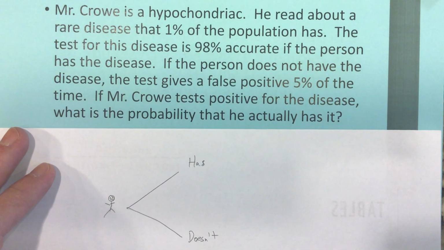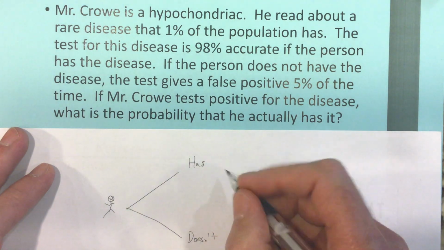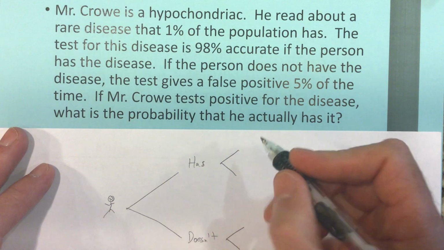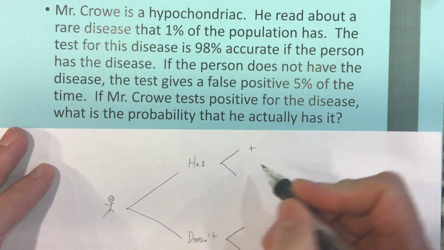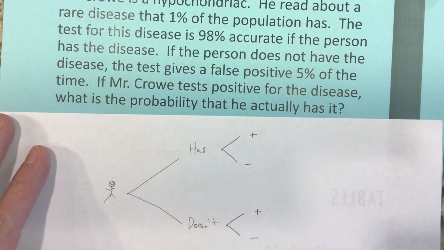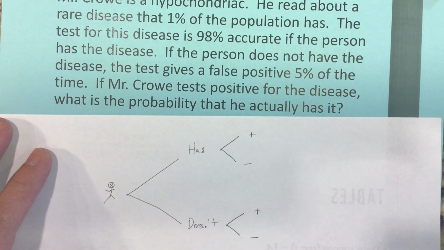Now, it turns out only 1% of the population has the disease. Now, if you have the disease and you take the test, it can be positive, which would be a correct result, or it could be negative, right? That happens sometimes, a false negative. If I don't have the disease, again, there's two outcomes. I could test positive, I could test negative. So again, correct result, incorrect result, but those things happen.